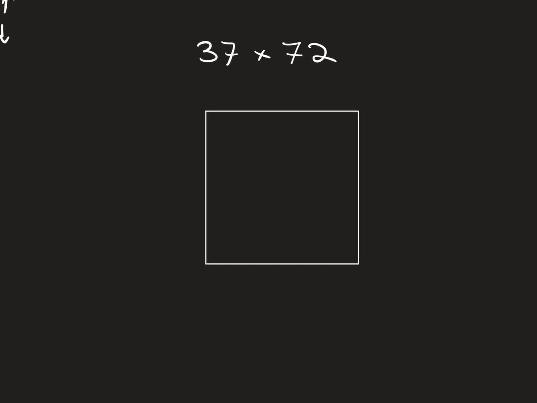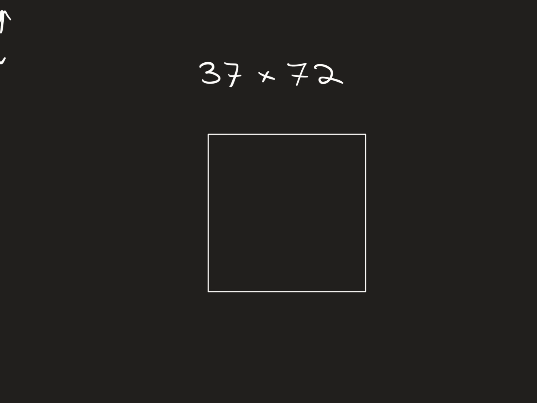Then for my higher students, I tell them to round only one number, the one that is going to make your multiplication a little bit easier. So in this case, I would round my 37 to make it 40, but I'm going to keep 72. So I'm going to keep my 70 and 2, and I'm going to split it and make it big box, little box, and then I just have my 40.